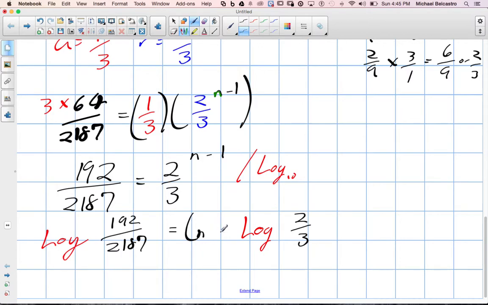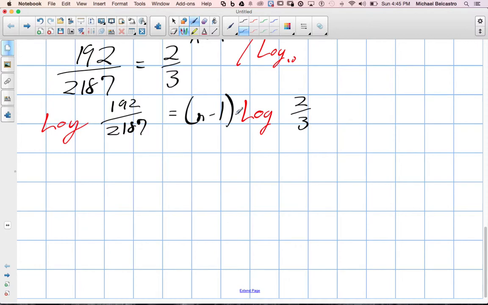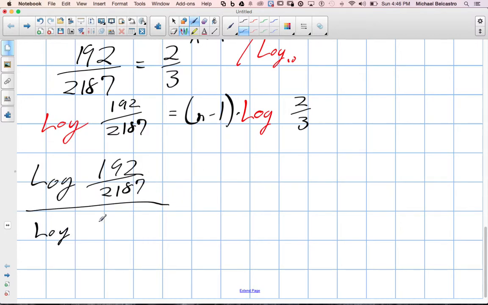We have n minus 1 multiplied by that. We need to isolate n minus 1, so I have to divide by log 2 over 3 on the other side. This is kind of a complex question. Log 192 over 2187 divided by log 2 over 3 will be equal to n minus 1. So this is something we could do on a calculator.